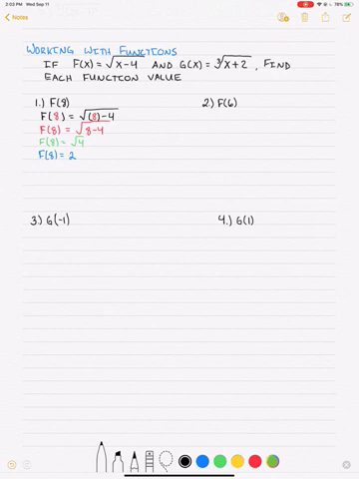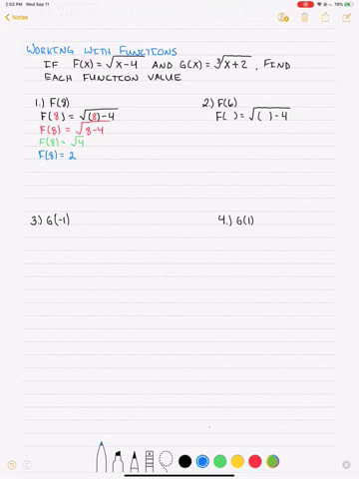For example 2, I'm trying to find f of 6. I have f of x equals the square root of x minus 4. I took out the x's and I put parentheses in their place.